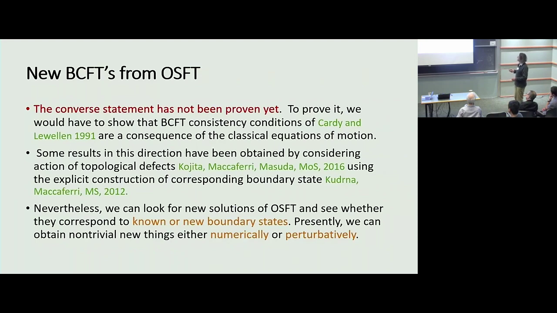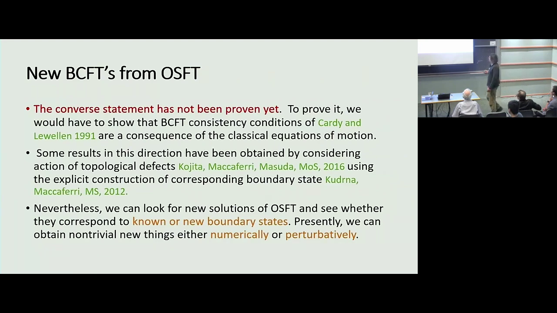But some results have been obtained by the use of topological defects, with some classifying algebra relations that people using CFTs use as consistency conditions. So we were able to see them from simple considerations of classical solutions to OSFT.